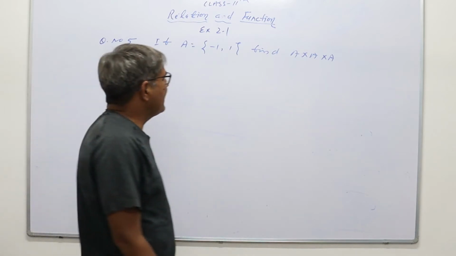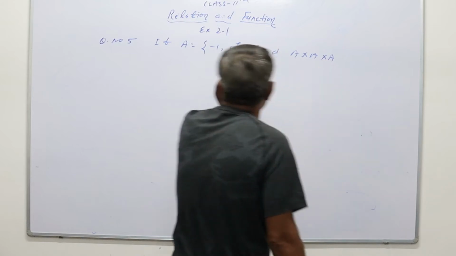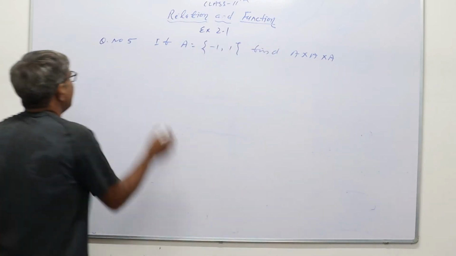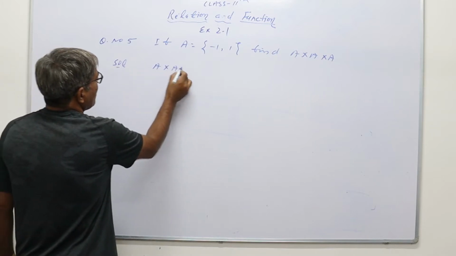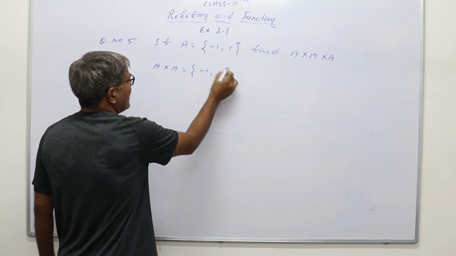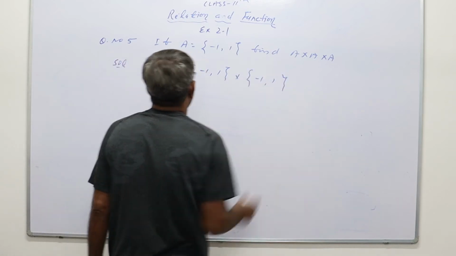The Cartesian product of the set A with A itself. So first here we will find A cross A, which is {-1, 1} cross {-1, 1}.